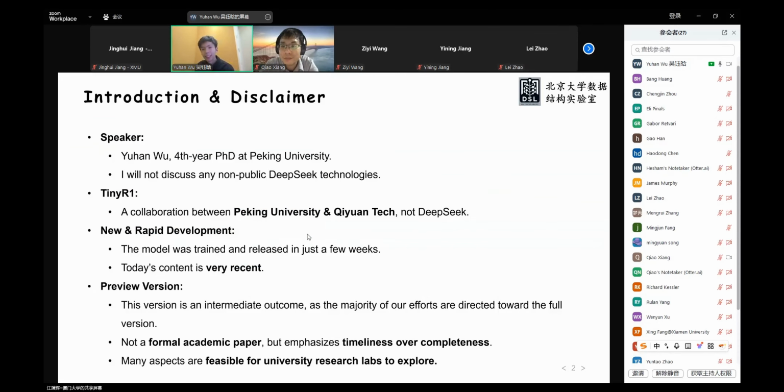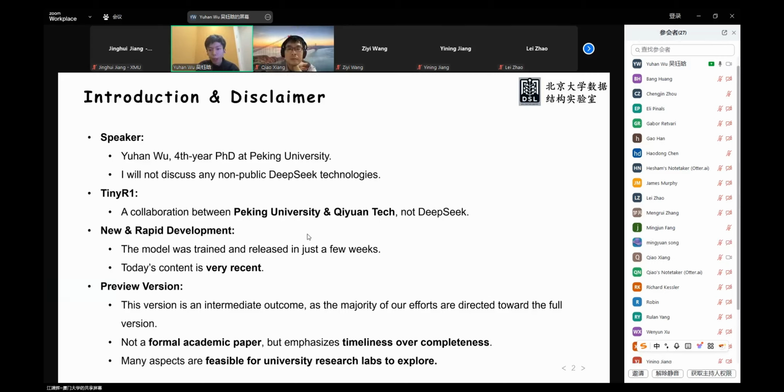First, I want to clarify that this project is a collaboration between Peking University and Jian Tech, and it's not affiliated with DeepSeek, and I will not discuss any non-public DeepSeek technologies. Tiny R1 was trained and released within just a few weeks, making today's content very recent.